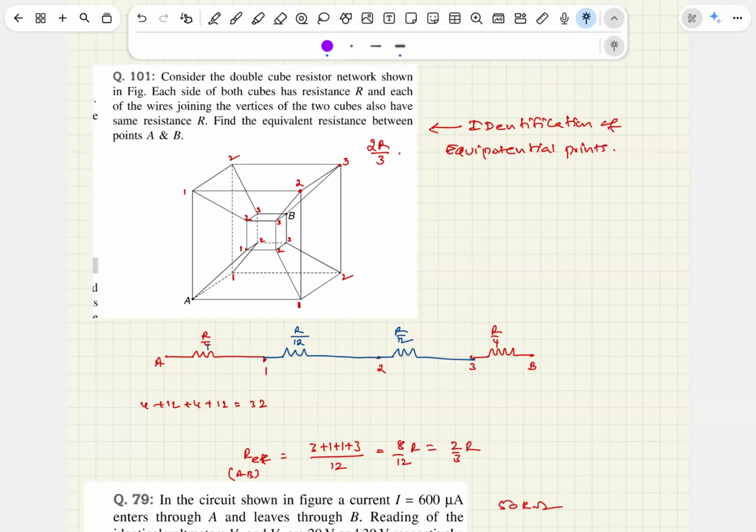With respect to A, if he gives this as 1, identification of equipotential points is the hint in this question.